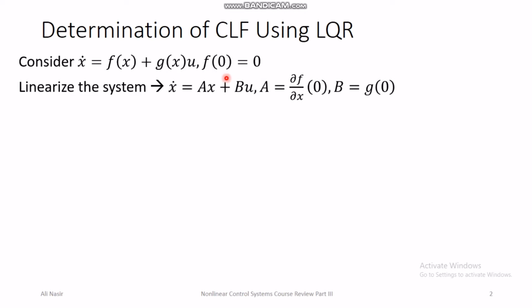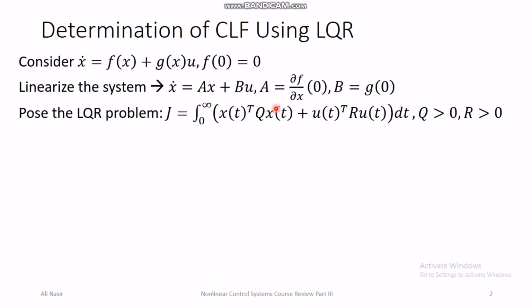Then you linearize this system and you find x dot equal Ax plus Bu, where A is the partial f by partial x evaluated at the equilibrium point, and B is g of x evaluated at the equilibrium point.